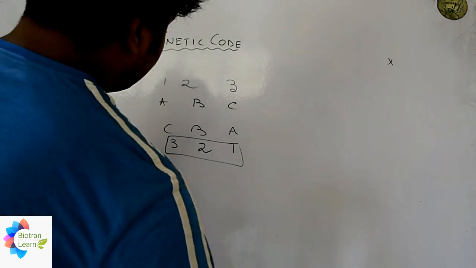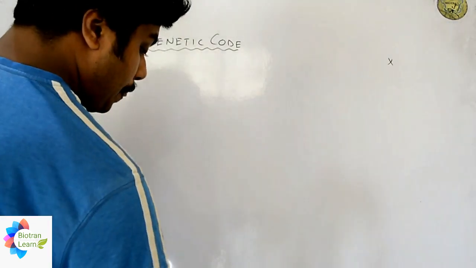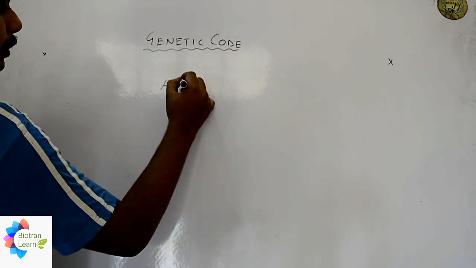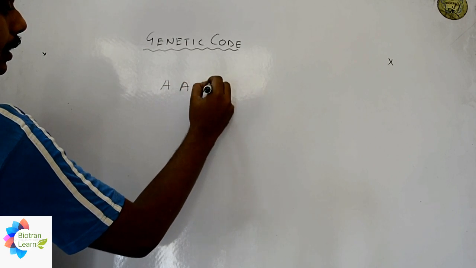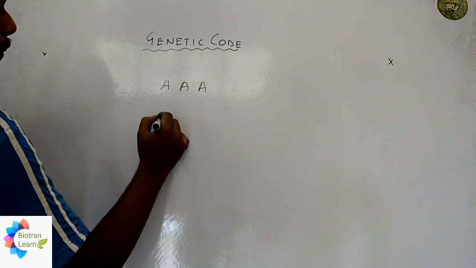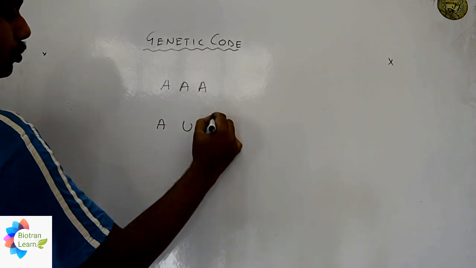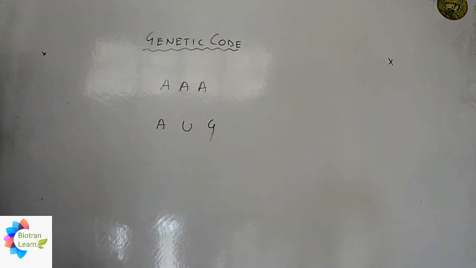Suppose now we have a codon, and G. Suppose these are particular codons, right?